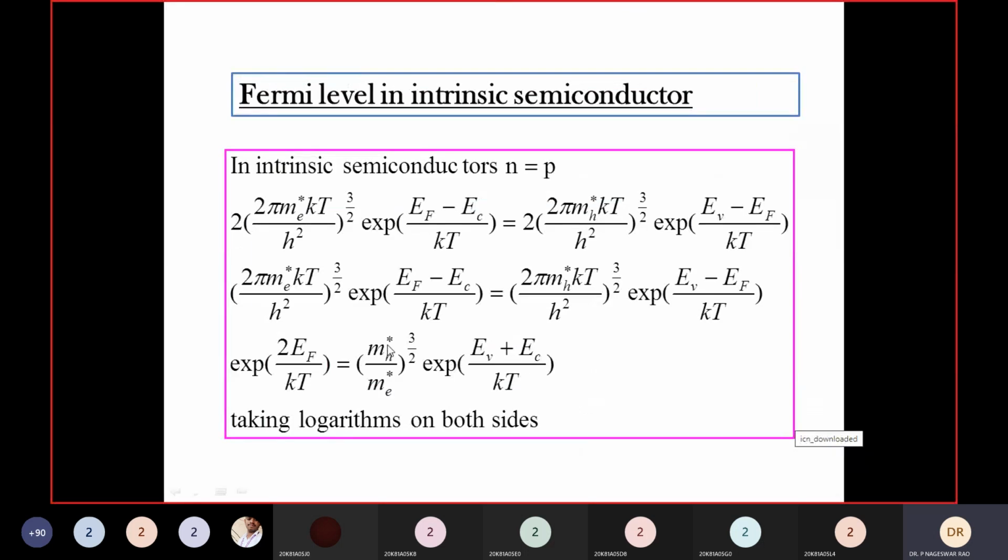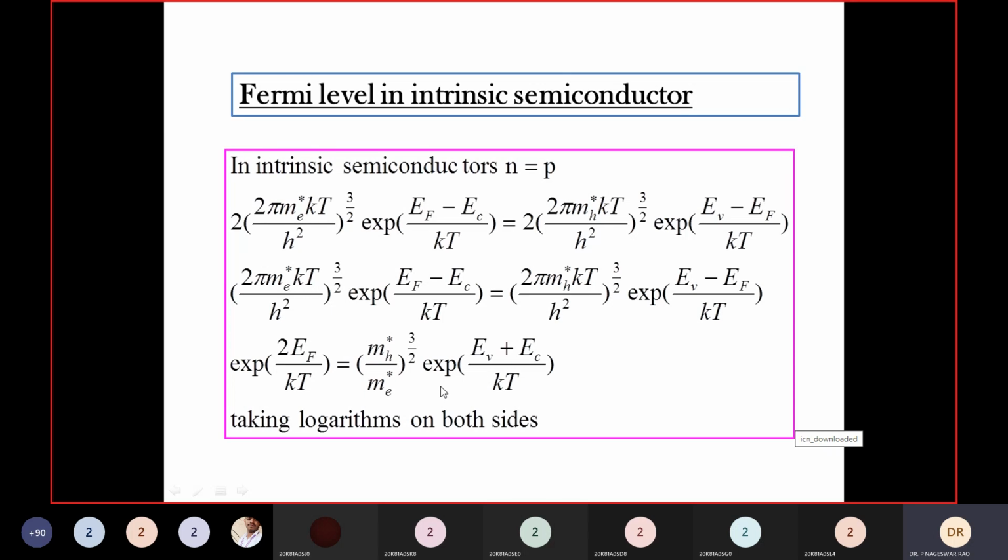Now we are applying the log to this total term. This is a term, this is b term, so log of a into b can be written as log a plus log b.